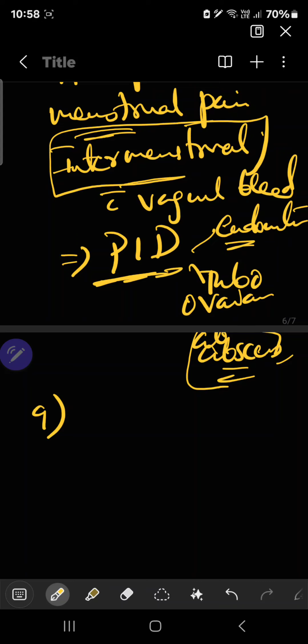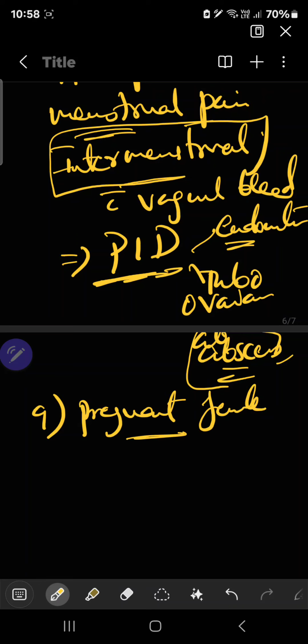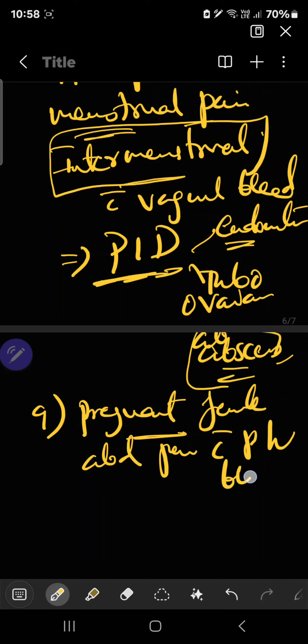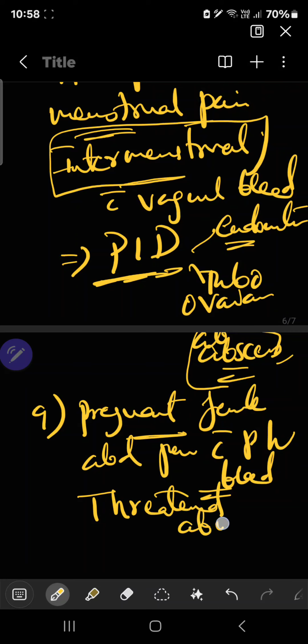And then a pregnant female having abdominal pain with PV bleed, maybe she is having threatened abortion.